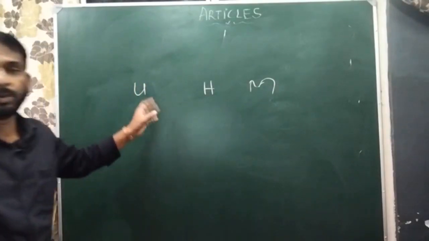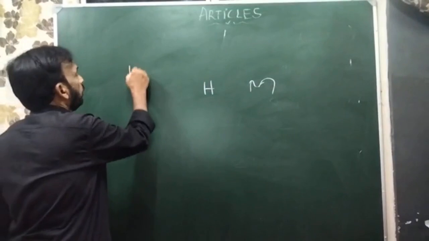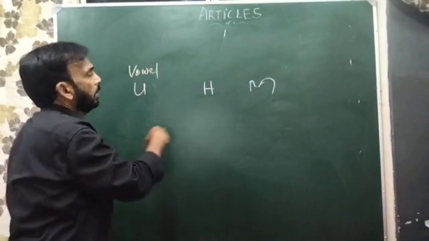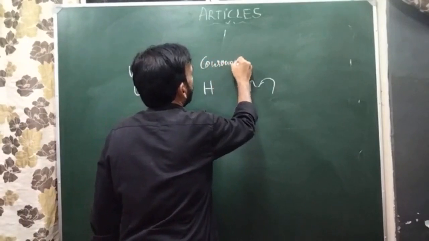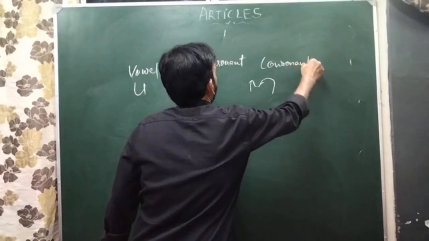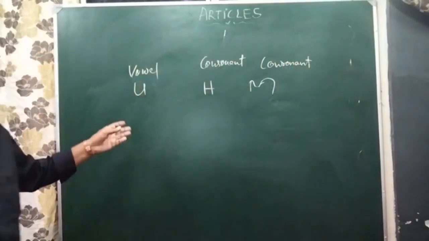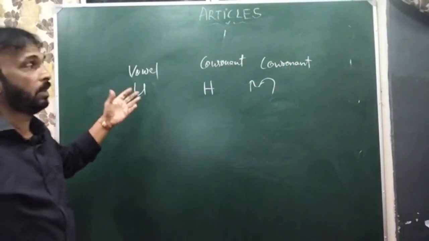For example, U is a vowel, we know it, and H is a consonant, and this also a consonant. There are some nouns which start with the vowel letter U, but they produce a consonant sound.